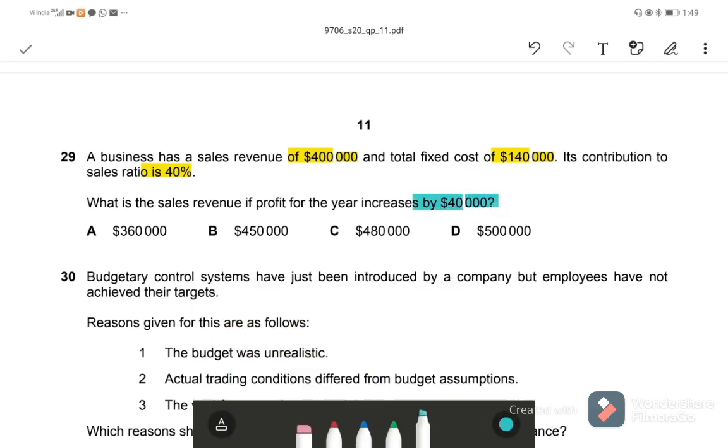To know the profit increased by 40,000, first we have to know the current profit. Sales minus variable cost is equal to contribution. Contribution minus fixed cost is equal to profit.